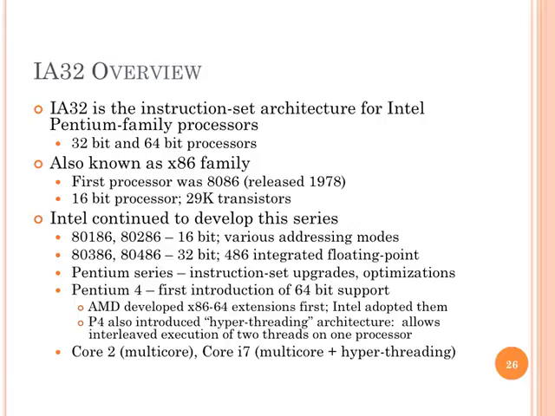It was crazy. So anyway, Pentium 4, first introduction to 64-bit support. You start getting some really clever facilities offered on processors. We'll talk about a lot of those through the term. P4 was the first one that offered hyperthreading.